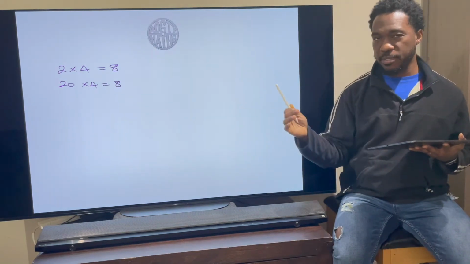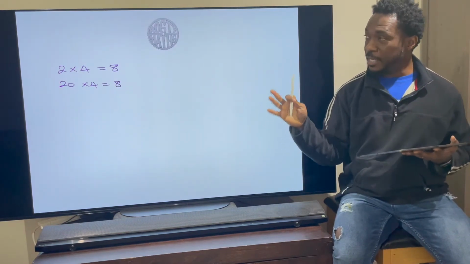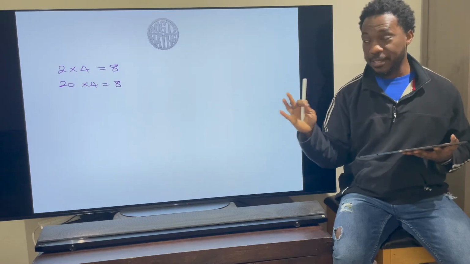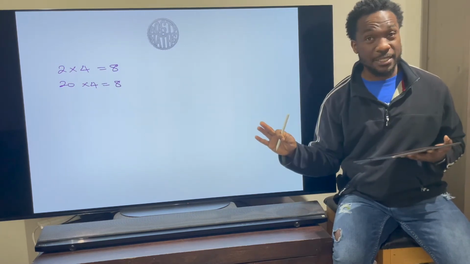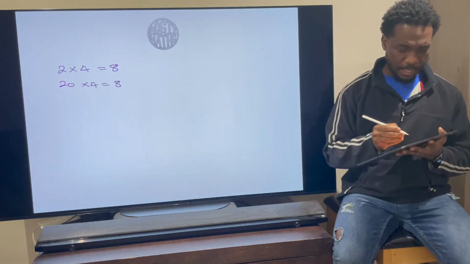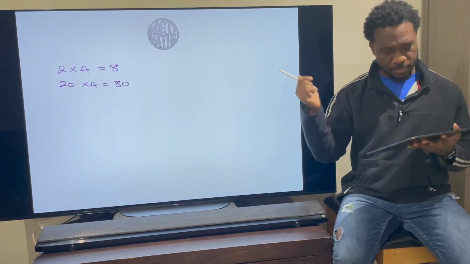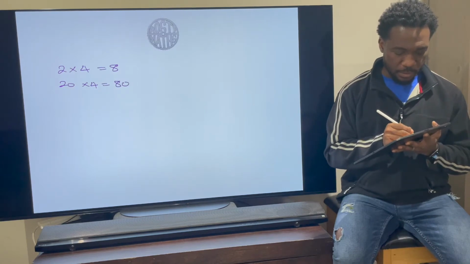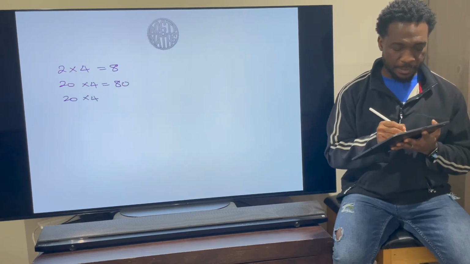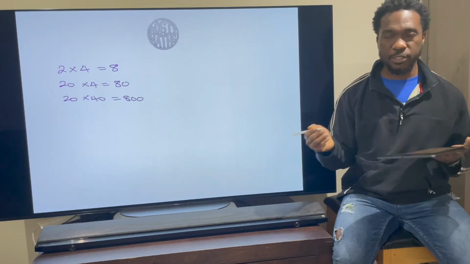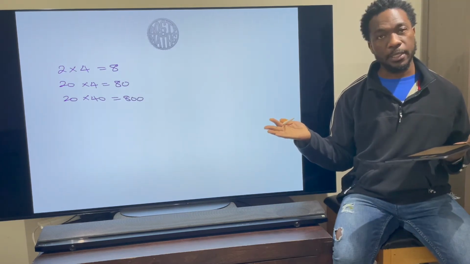Those three numbers form like a family, and they're always going to be together through thick or thin, just by knowing that I know that. I'm sorry, I forgot to put my 0 for 80. I don't know why I forgot. I said 80 and then didn't put the 0. Anyway, I also know that 20 times 40 has to be 800. Who knew? There you go.